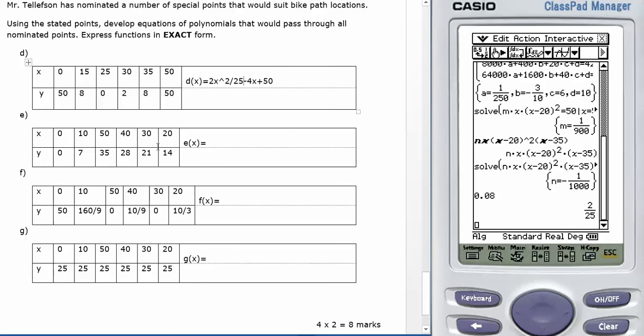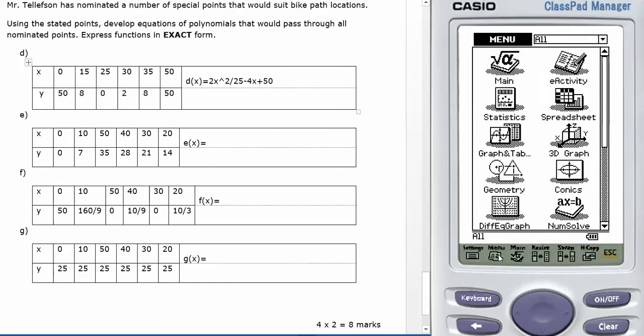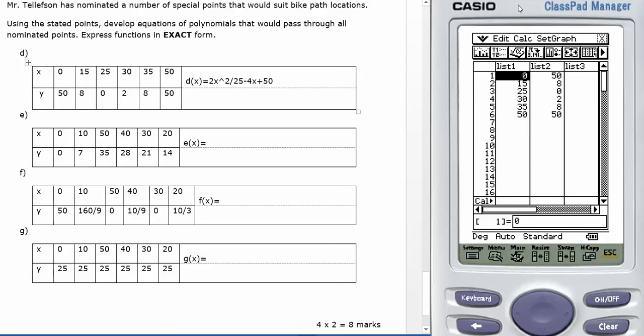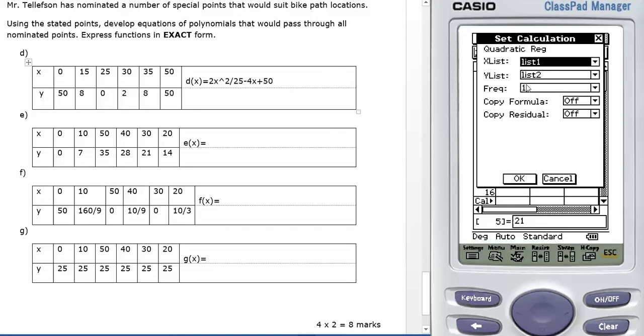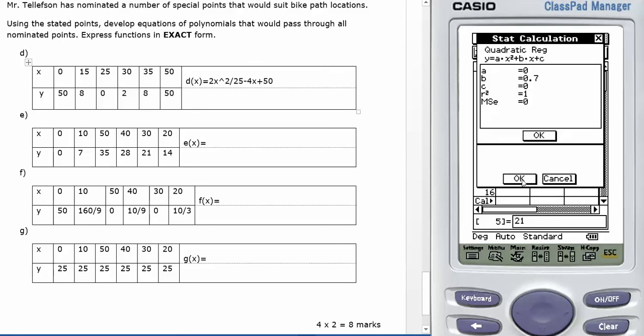Looking at the second one, I'm going to go back over into graphs and tables and I'm going to enter those and I'll just pause while I enter. Okay, so I've entered this data for part E. Looking at the numbers, they're increasing. I've got a lot of points, I might do a quadratic regression again. Okay, a is 0, so 0 times x squared.